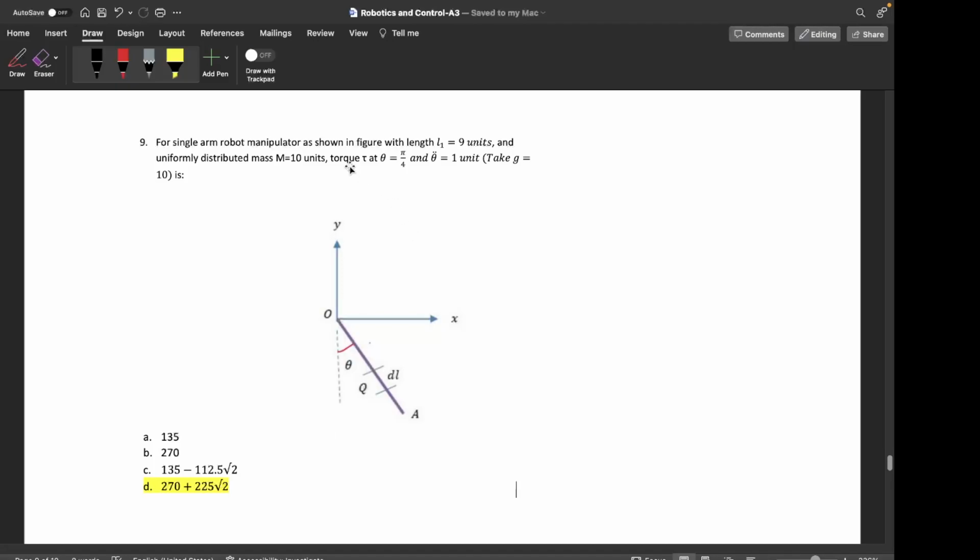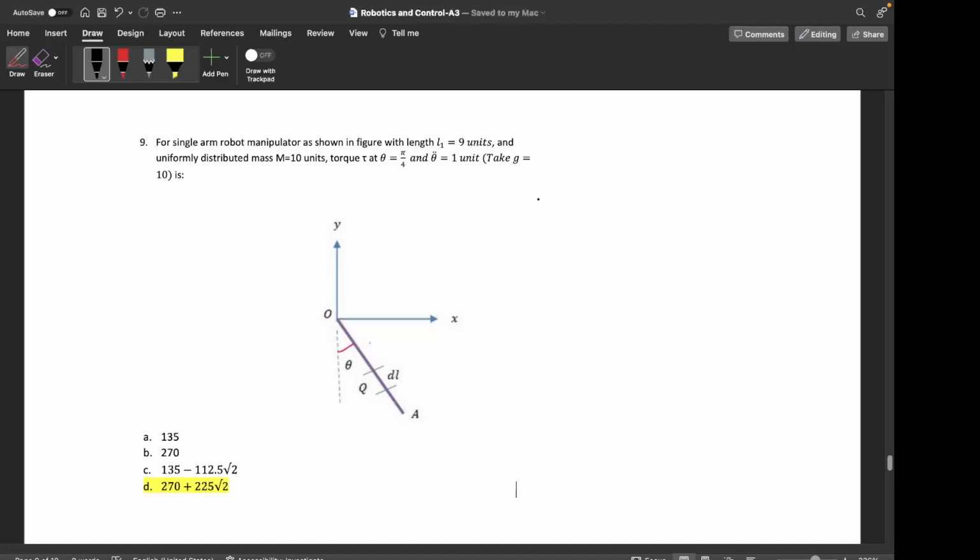Okay, so we have to find basically the torque when theta and theta double dot is given. So what you would need is the equation of motion, because equation of motion relates the torque and the accelerations, right? And this process of finding torque when theta and theta dot is given, this you also call inverse dynamics basically.